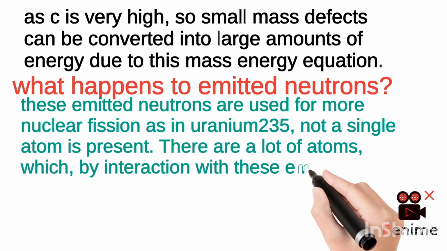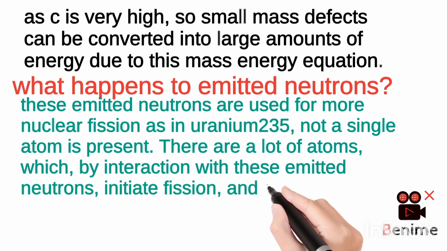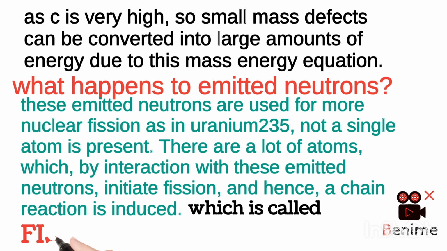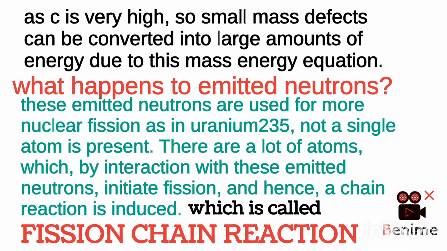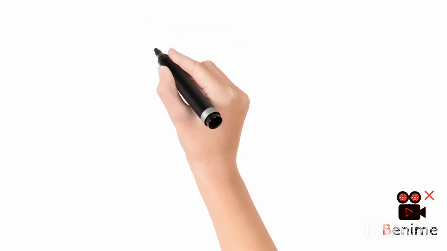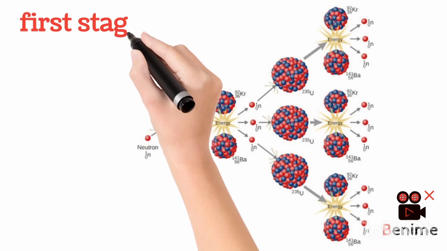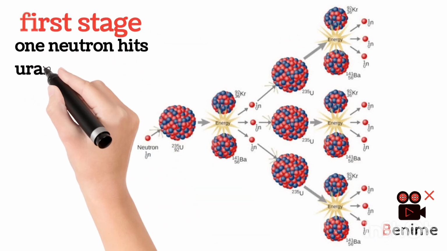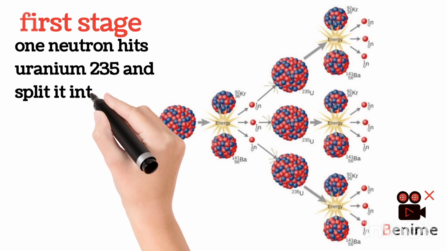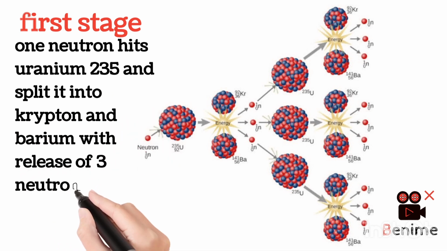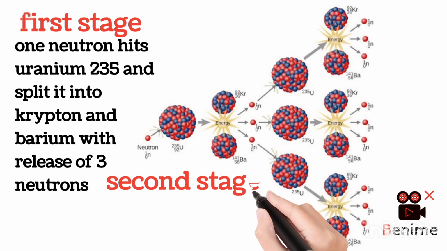Along with this energy, 3 neutrons are also emitted, which interact with other atoms of the unstable radioactive element and cause more fission. The resultant neutrons from the second stage repeat the process by interacting with other atoms again, and the process continues like a chain. That's why fission is also called a fission chain reaction.